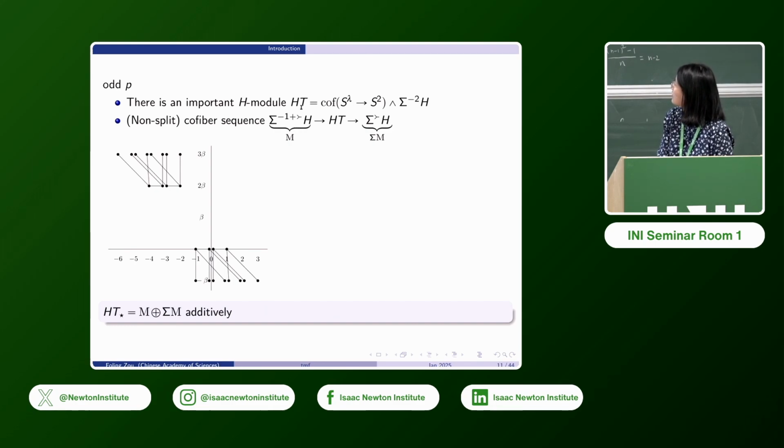This picture is the homotopy group of HT, which you can get by computing this cofiber sequence. So you have two pairs of trapezoids, and one of them is M, and the other is sigma M. On homotopy groups, this cofiber sequence has no differential, but it doesn't mean this splits.